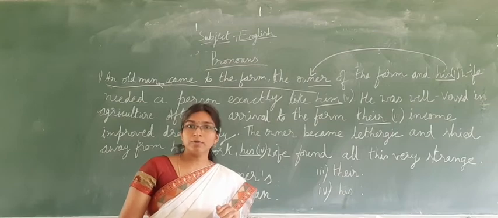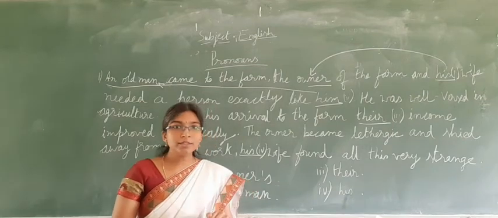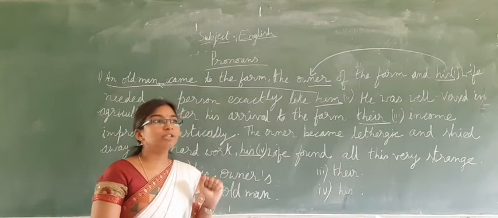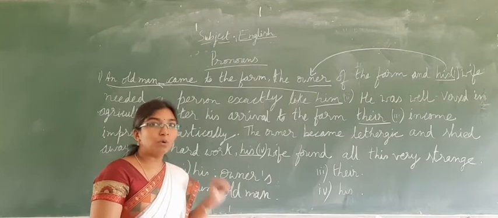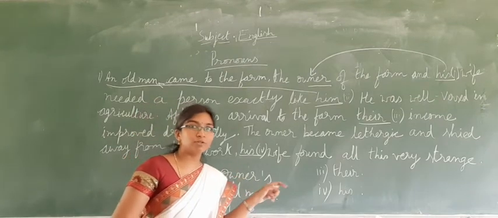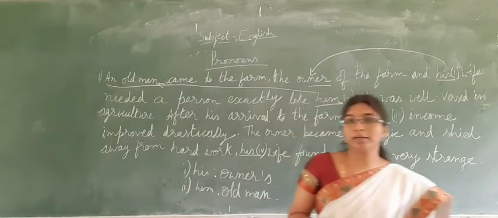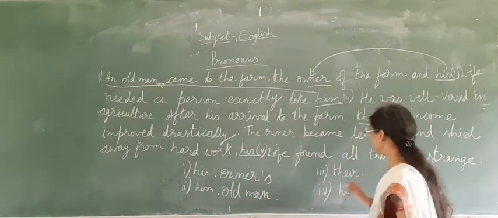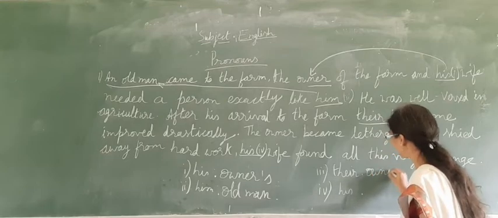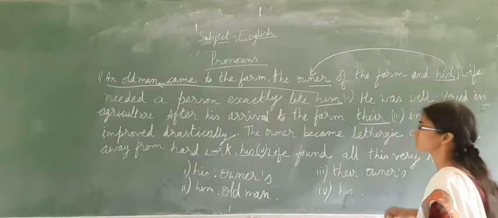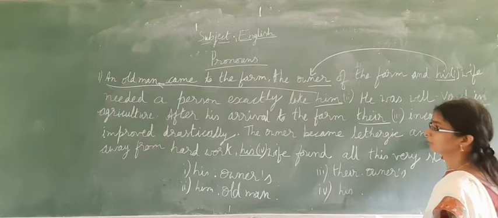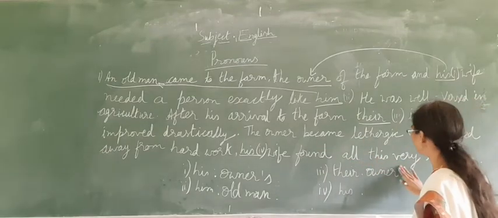Whose income improved drastically? Owner's income improved drastically. That is owner's and his wife's. So their income means the owner's income. Their income improved drastically.